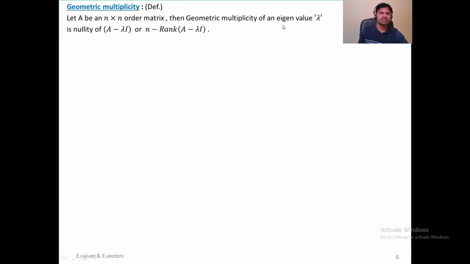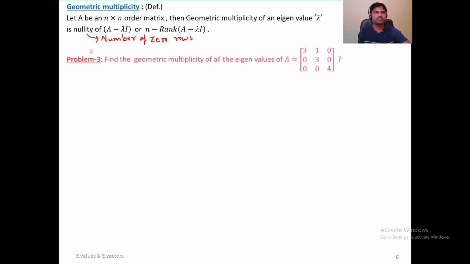Then the geometric multiplicity of an eigenvalue lambda is the nullity of A minus lambda I. Nullity means the number of zero rows, that is, a row consisting entirely of zeros, in A minus lambda I, or simply n minus the rank of A minus lambda I. Both are the same. So this is about geometric multiplicity.